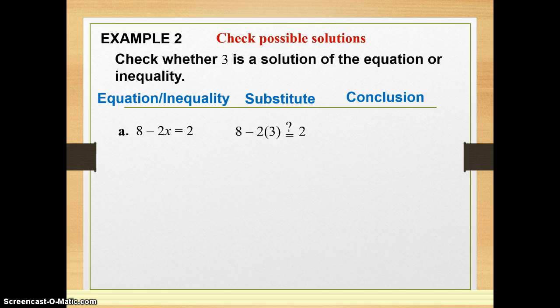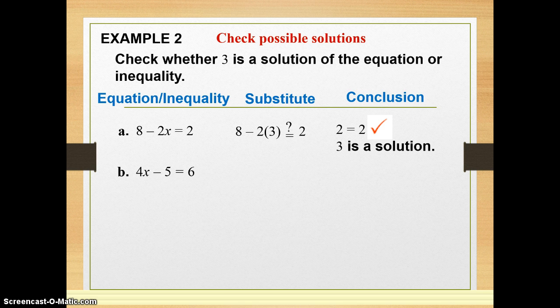Following order of operations, we're going to multiply 2 and 3 together first to get 6. So we have 8 minus 6 equals 2. So therefore the conclusion is 2 equals 2. So yes, this is true. Therefore 3 is a solution of the original equation.